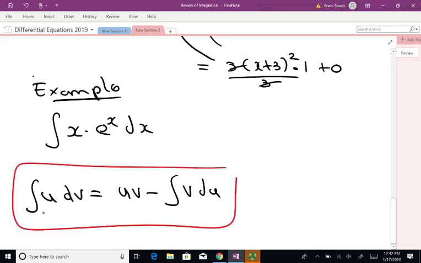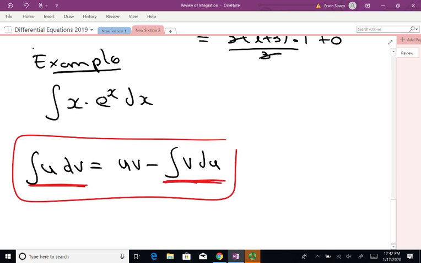Why is this interesting? Because I have u dv here, and I'm basically switching to v du. So it turns one hard problem into something slightly easier.